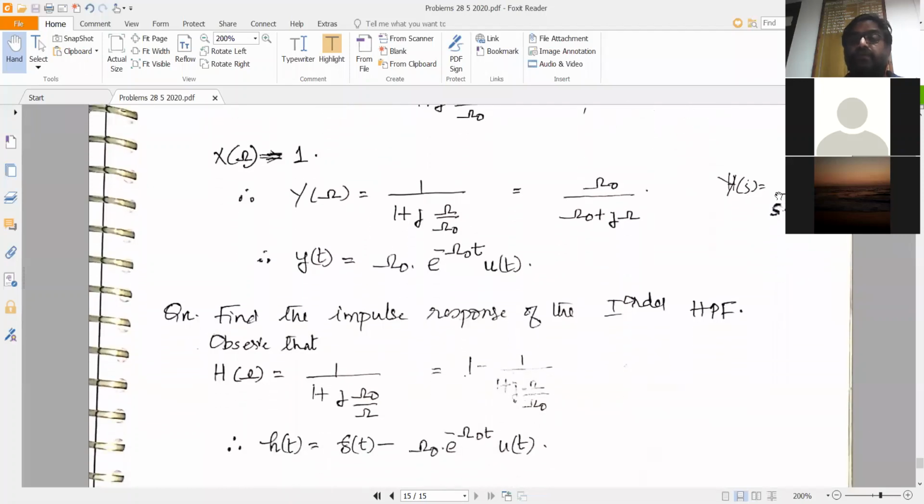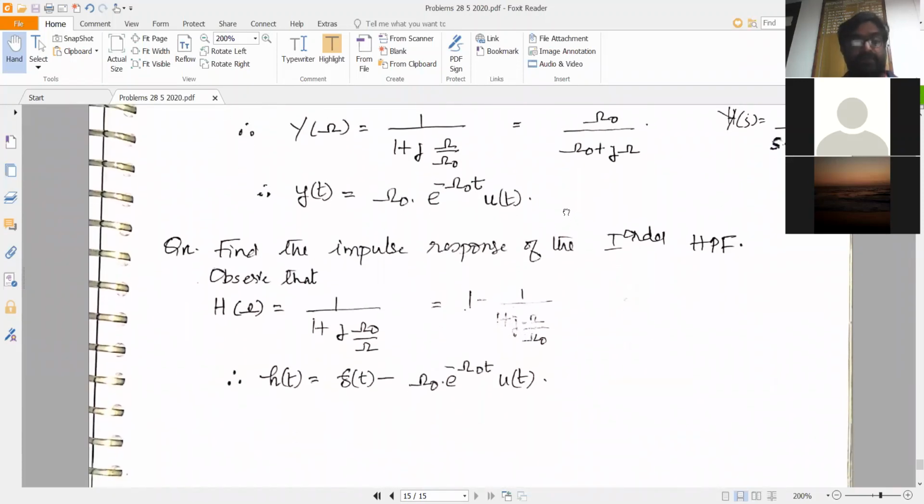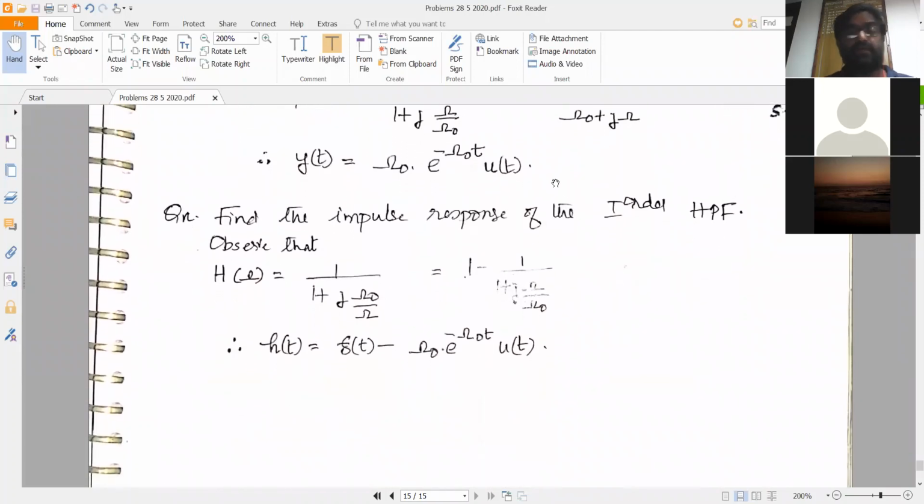So therefore, the inverse Fourier transform of this, or the inverse Laplace transform of this, can be written as the expression for the output y of t. So y of t is just omega 0 into e raised to minus omega 0 t into u of t. Okay. Now, likewise, the impulse response of the first order high pass filter can be calculated.